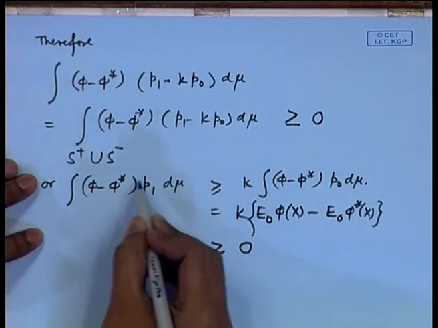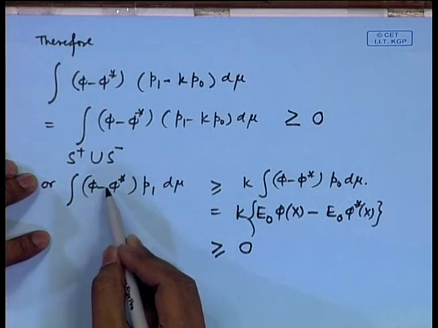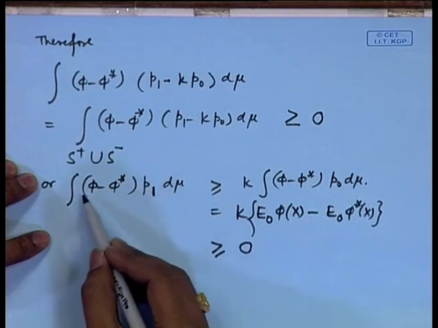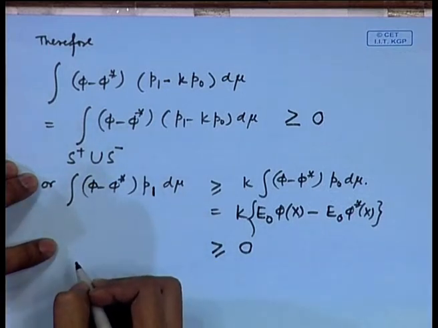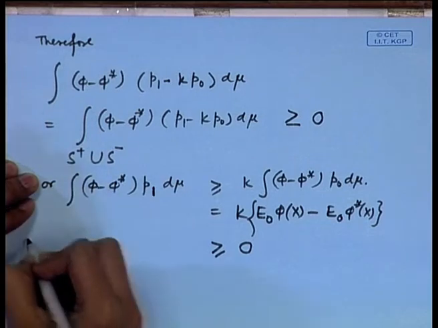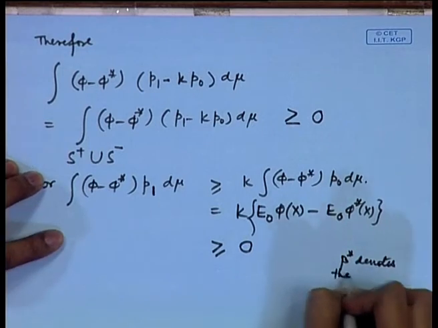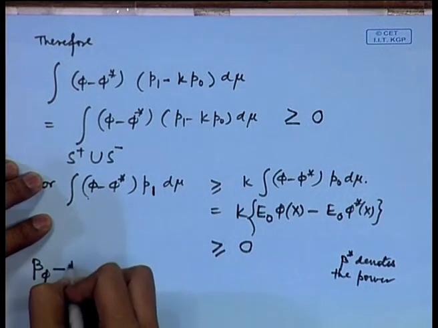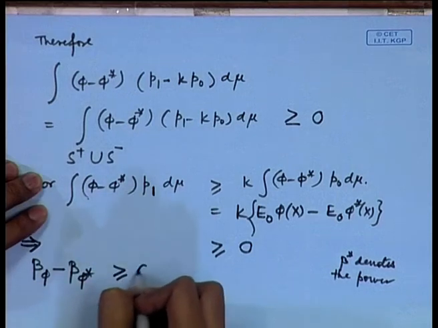Now, what is the right hand side? Sorry, what is the left hand side? This value is the probability of rejecting when H 1 is true. That means, it is the power function. So, we use the notation, say, beta star for the power. So, let me say beta star denotes the power function, then this is beta phi minus beta phi star, this is greater than or equal to 0.